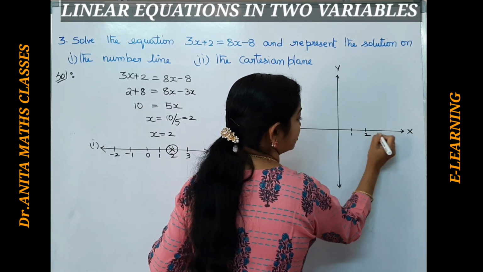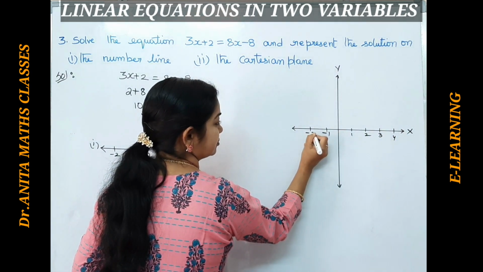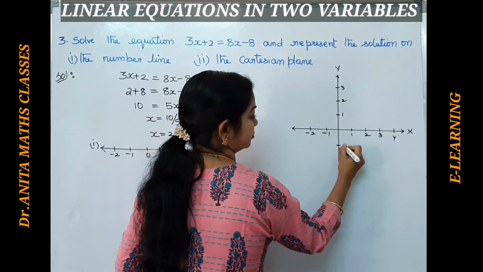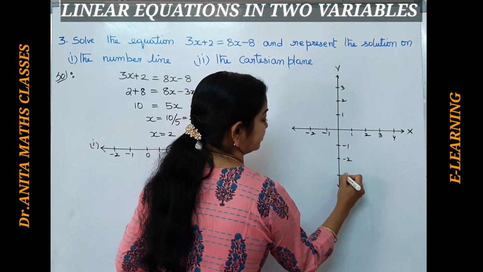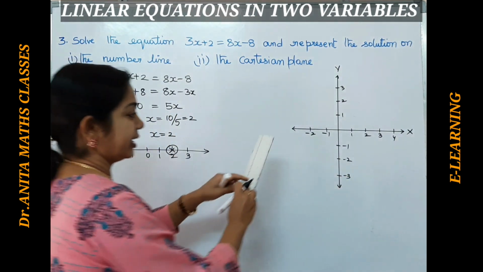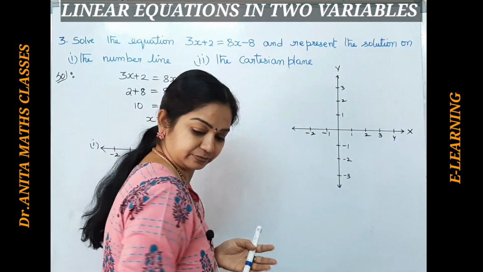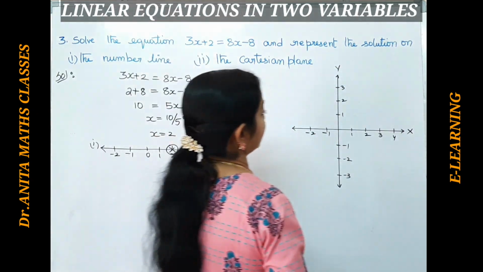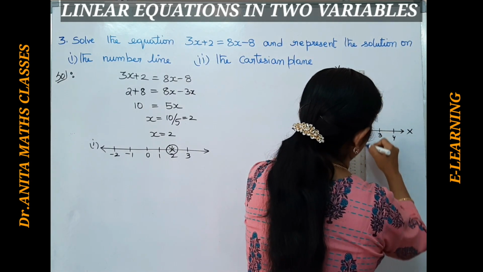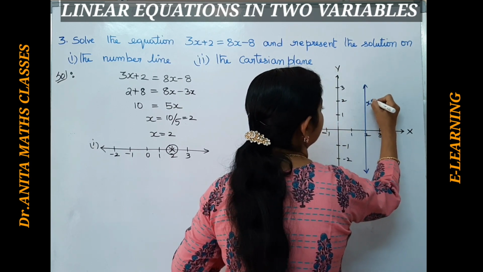So 1, 2, 3, 4, and minus 1, minus 2. See here, x equal to 2 is a line parallel to the y-axis. So we can draw this line here. This is the line x equal to 2.